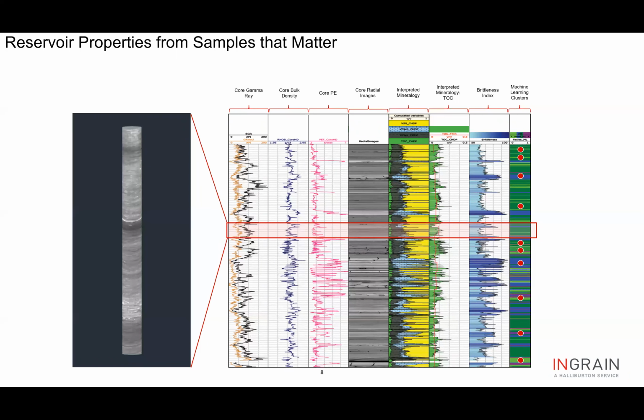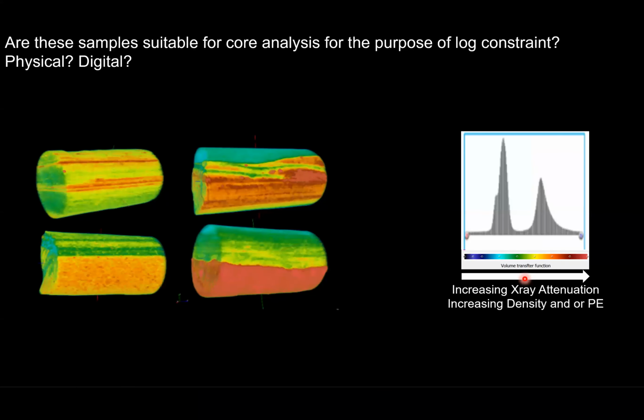One big advantage of this method is that when you have the CT scan and you locate a plug location, before even cutting the plug, one can take a virtual look at it. You can virtually extract the plug from the CT data and look at how heterogeneous or homogeneous it is.